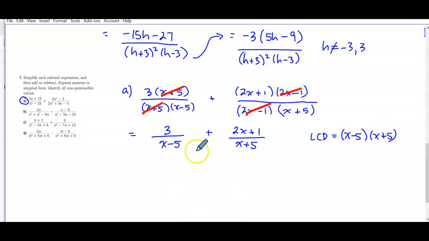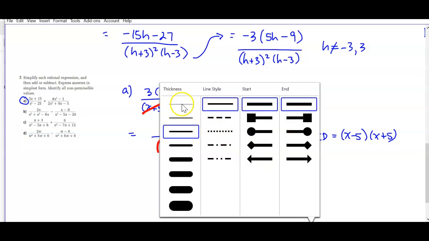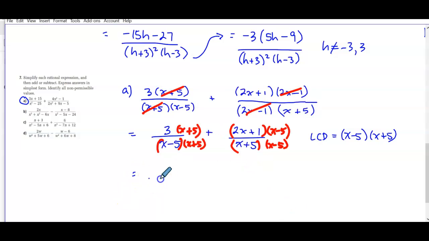So now I multiply top and bottom here by x plus 5, brackets there, and then here by x minus 5. Okay, and then so now it's one single rational expression, and our common denominator. It doesn't matter which order the factors are in, so that minus can be first or plus.